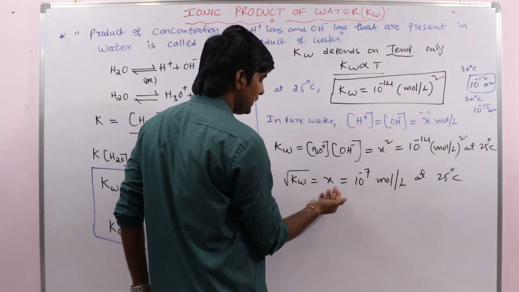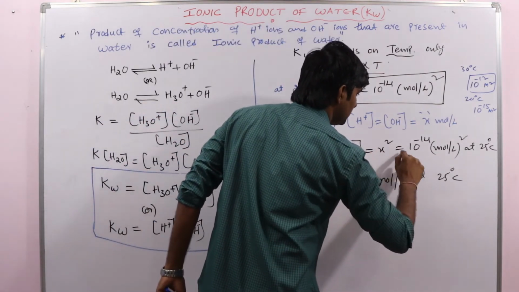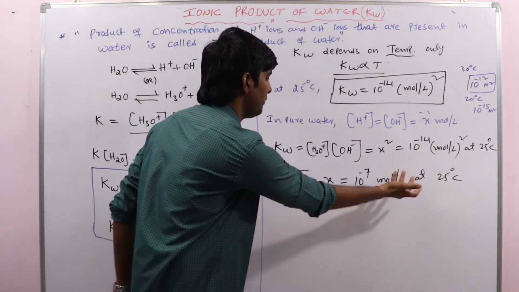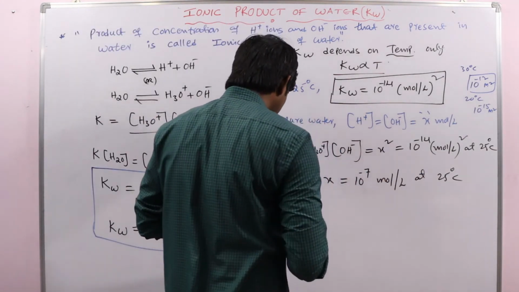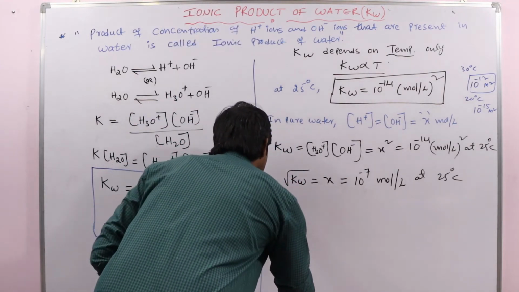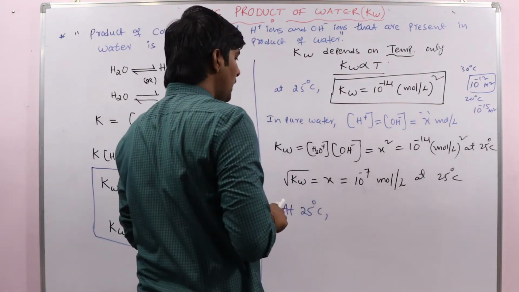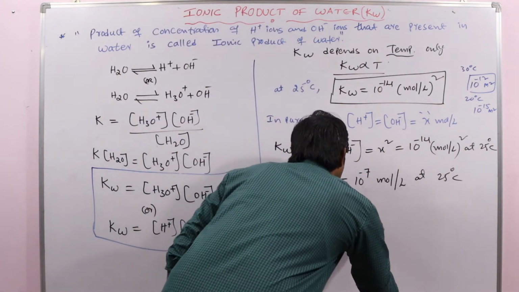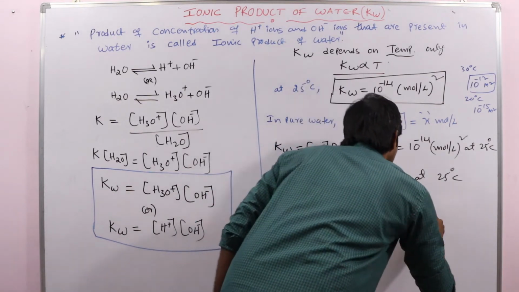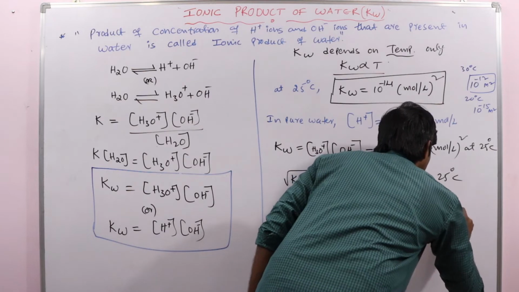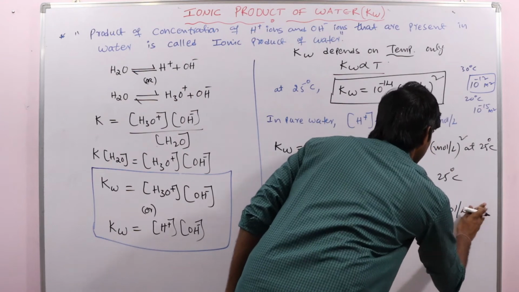So X is nothing but root of Kw, which means square root of 10 power minus 14, that is 10 power minus 7 moles per liter at 25 degrees centigrade. Okay. So from this, we can write at 25 degrees centigrade in pure water, concentration of H plus ions is equal to concentration of OH minus ions, that is equal to 10 power minus 7 moles per liter at 25. Okay, already we mentioned the temperature here.